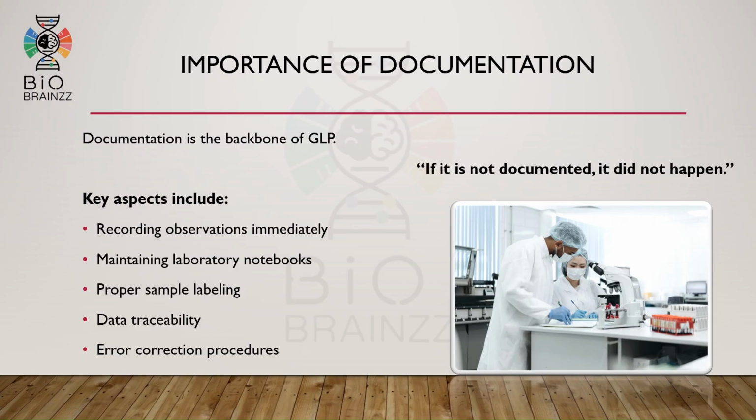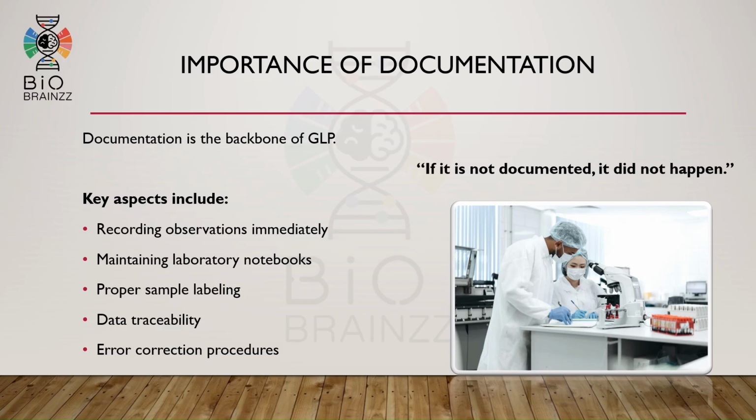Now, let us discuss documentation, which is considered the backbone of GLP. In laboratories, every observation and every result should be recorded properly, because if data is not written correctly, it may create confusion later.